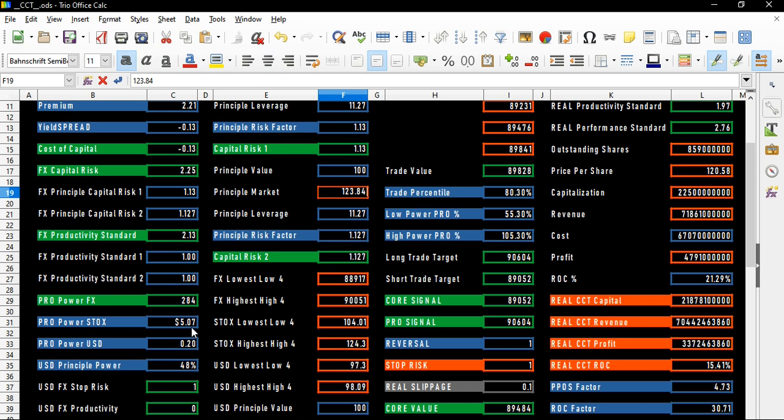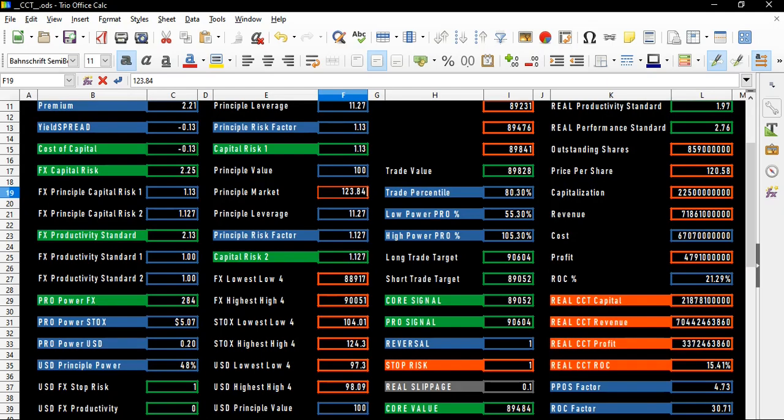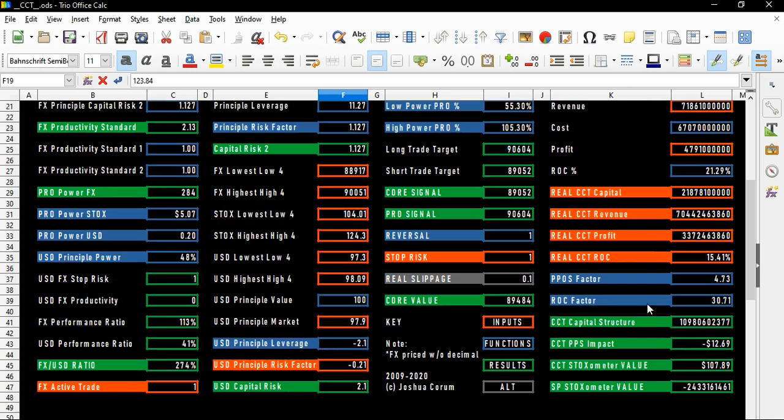All right? That doesn't mean that UPS isn't bullish. But what we know is that our price needs to be right down here at this pro trader trend, at 107. That's where pro trader trend is. The Stoxometer says that our price needs to be at 107.89.